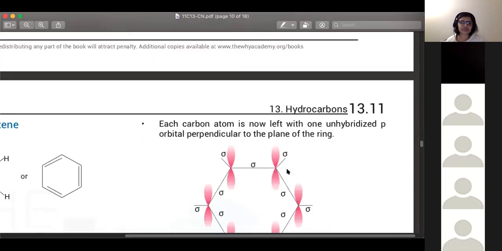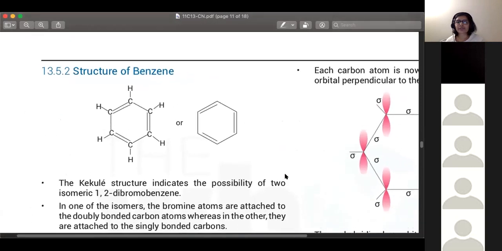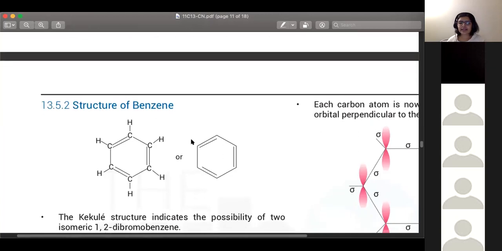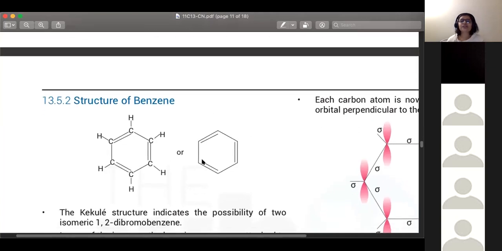Ortho, meta, para distributions. Structure of benzene. The formula of benzene is C6H6 and this is the structure of benzene. What is the hybridization of carbon in benzene?